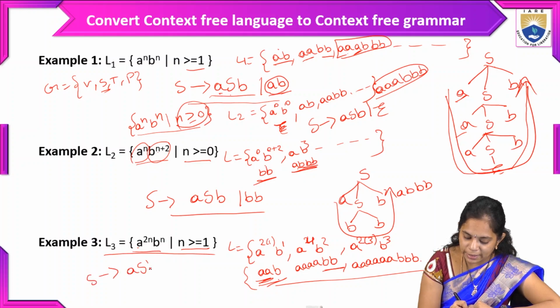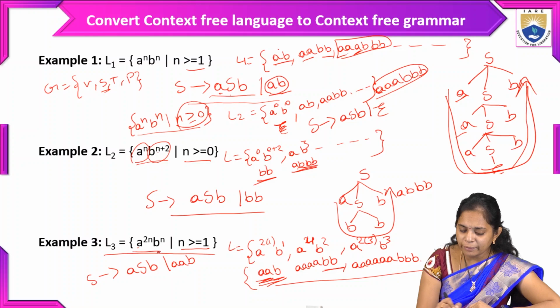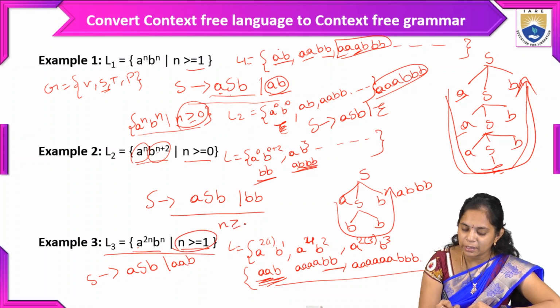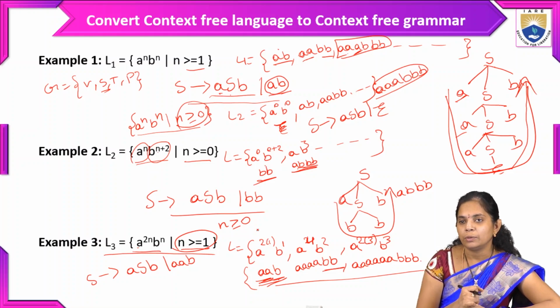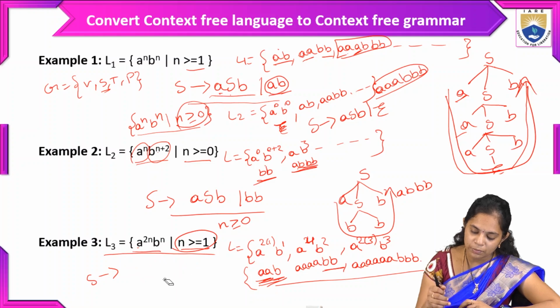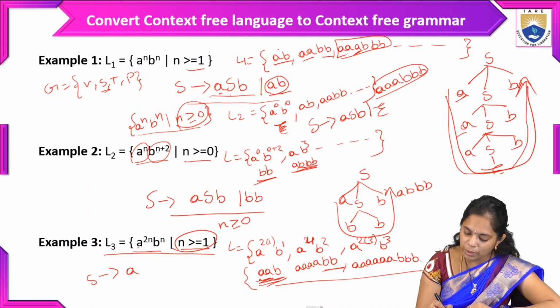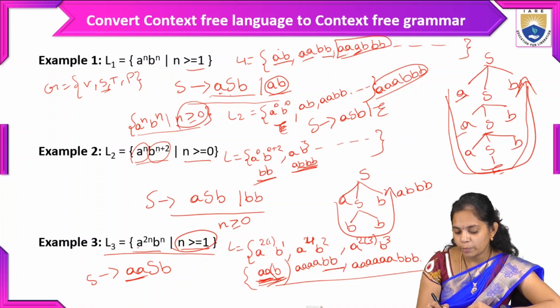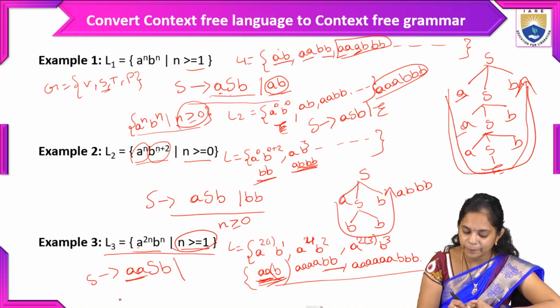S tends to A A S B, and the minimum is A A B. We need to check the language, so the minimum is AAB, and we need to follow with the number of B's, so double A's followed by single B. We need to write like this, and the minimum is AAB.